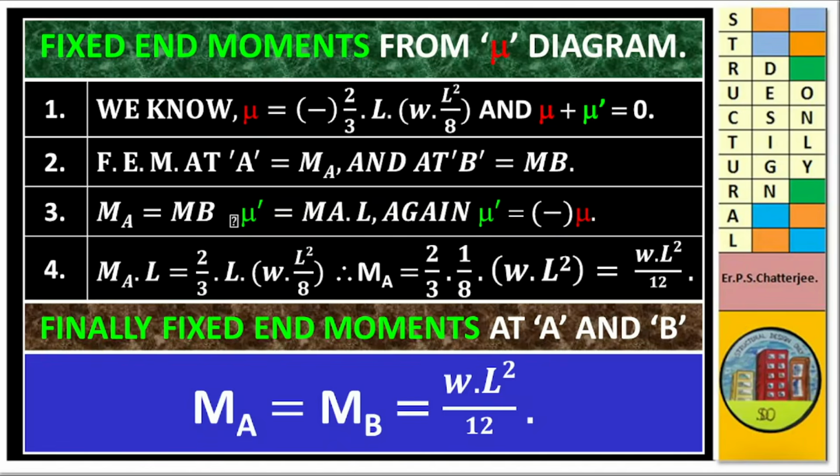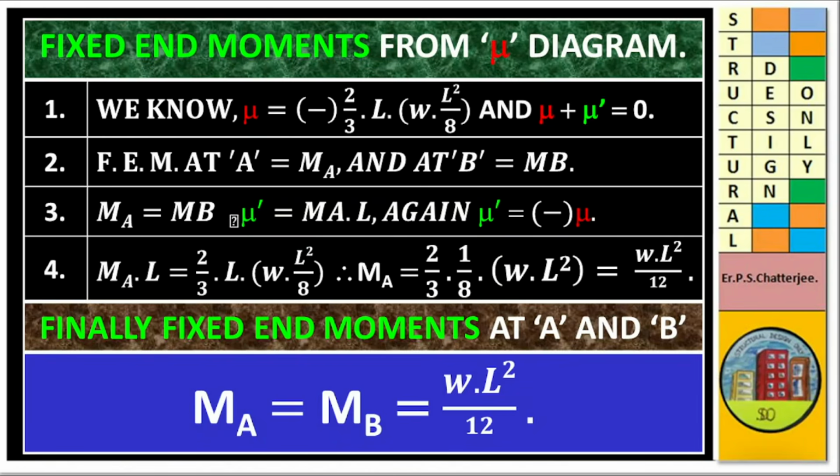FEM at A is equal to MA and at B is equal to MB. MA is equal to MB. Mu dot is equal to MA into L. Again, Mu dot is equal to minus Mu, so MA into L is equal to 2/3 into L into WL square by 8.